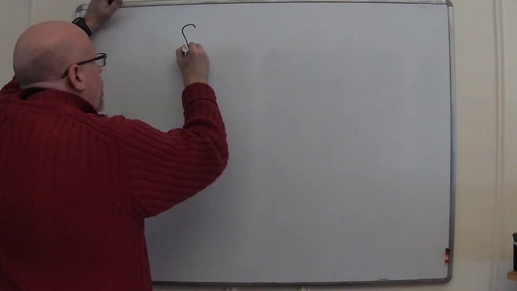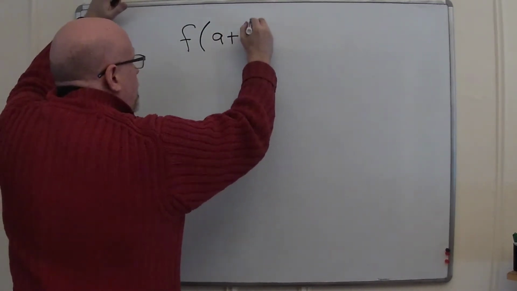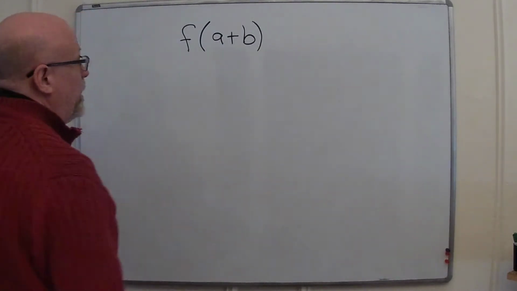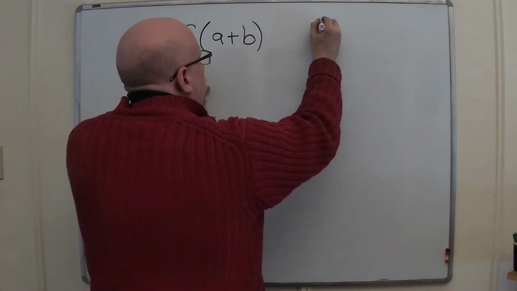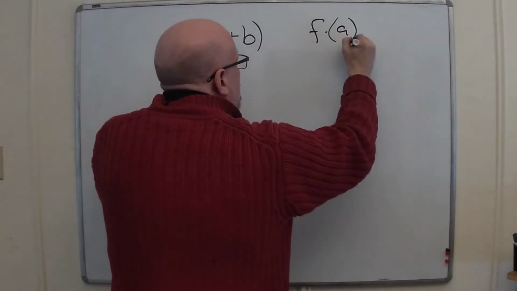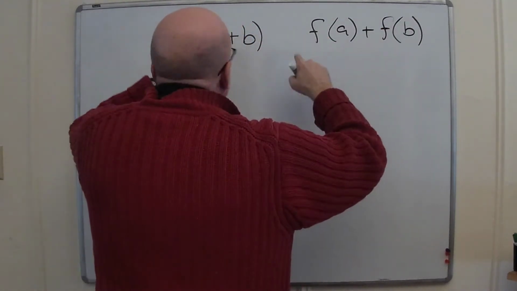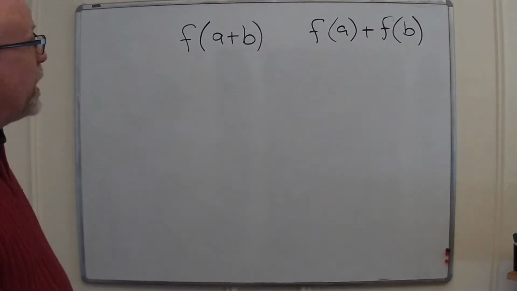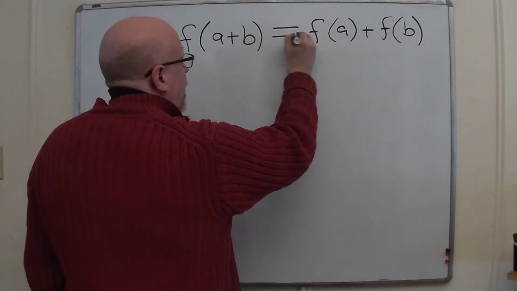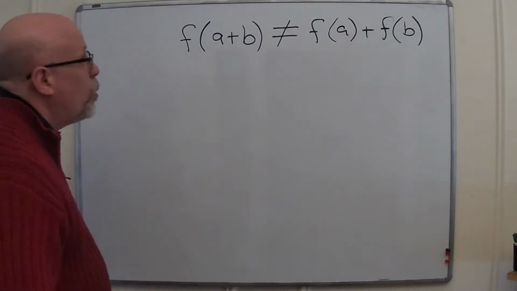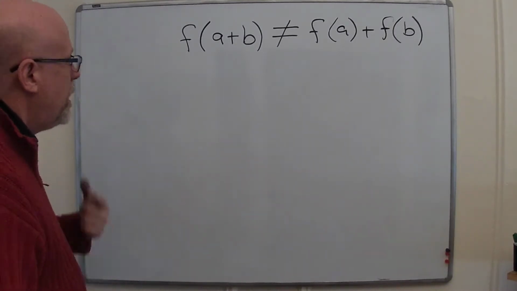But if this was multiplication, if I said f of a plus b really meant f times a plus b, then you could distribute that multiplication. And you would get f times a plus f times b. But if this is not multiplication, if it's function application, these two things generally are not the same. I mean, I guess it can be. Occasionally you'll get coincidences, but the general rule here, nah, you won't have that.